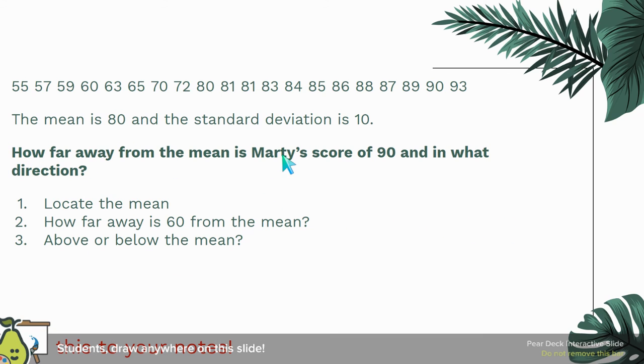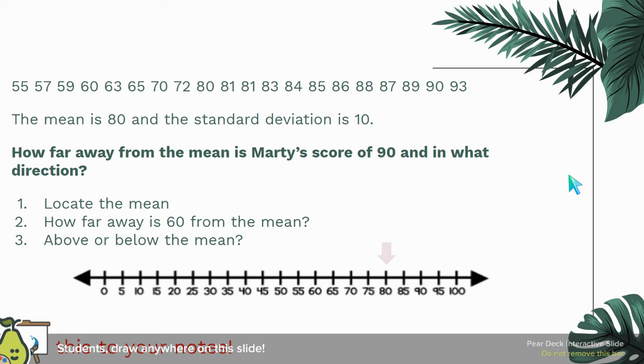So let's work with Marty's score of 90. How far away from the mean is Marty's score of 90 and in what direction? So the first thing we're going to do is locate the mean. So how far away is 90 from the mean?